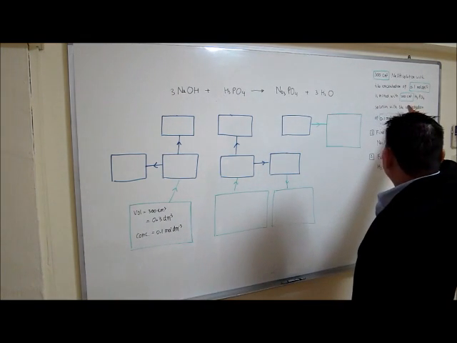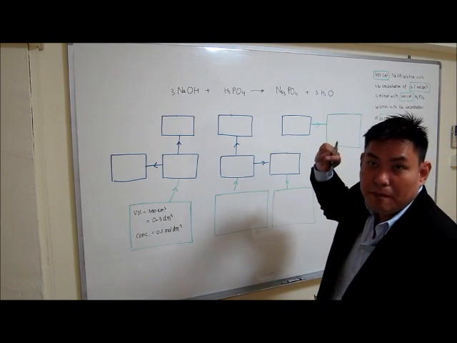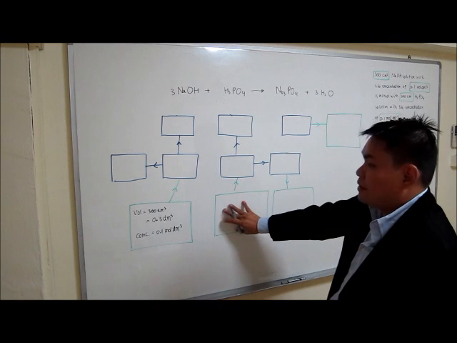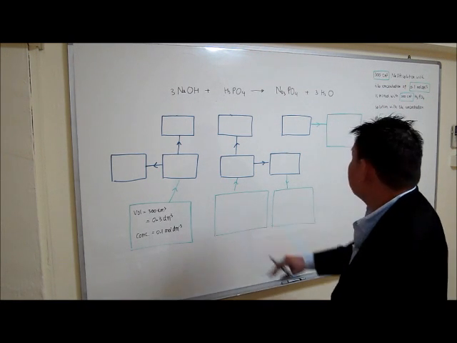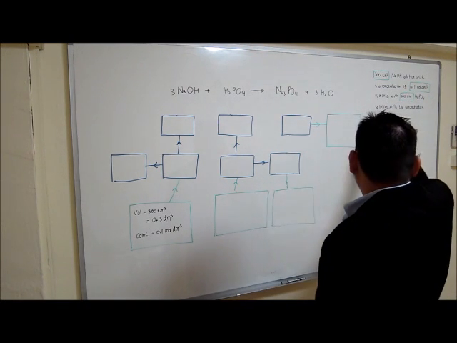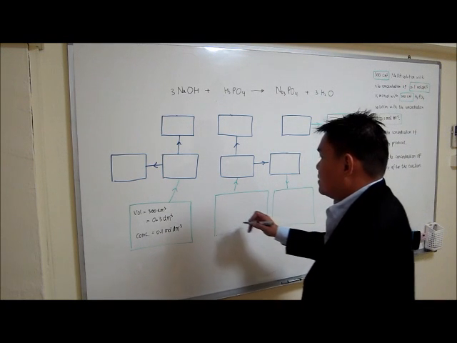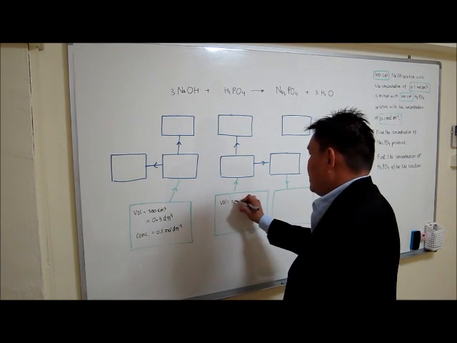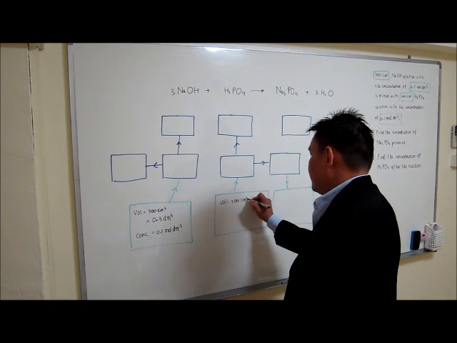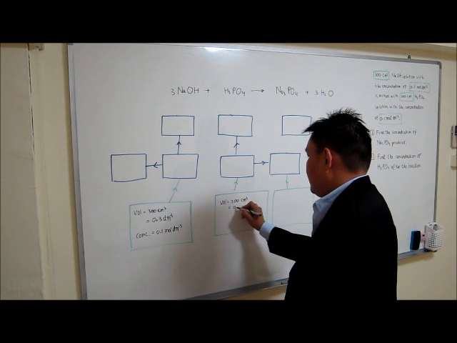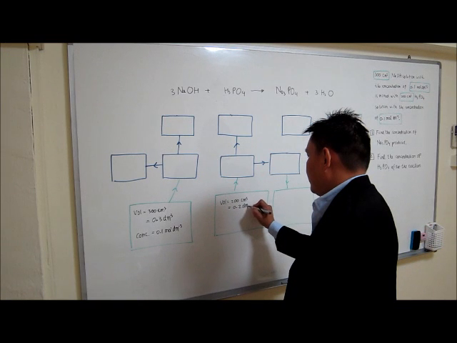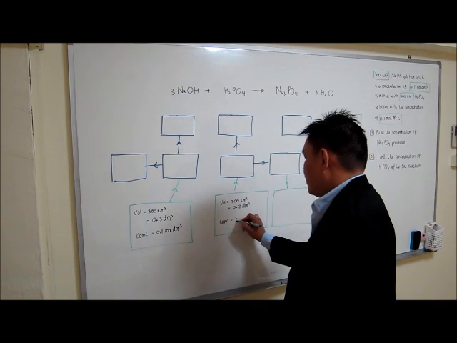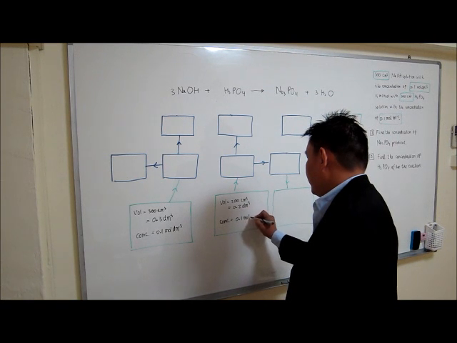The other two pieces of information are for phosphoric acid, so we put them in the second green box here, and it's not in moles, so we put in the volume, which is 200 cm cube. If you convert to dm cube, it will be 0.2 dm cube. The concentration is also 0.1 mole per dm cube.